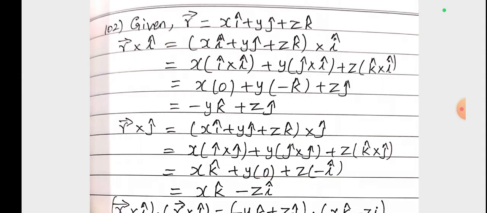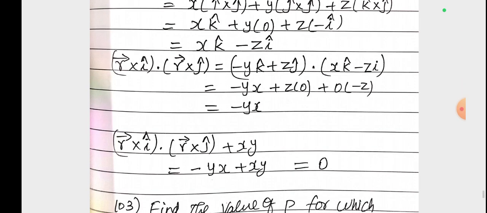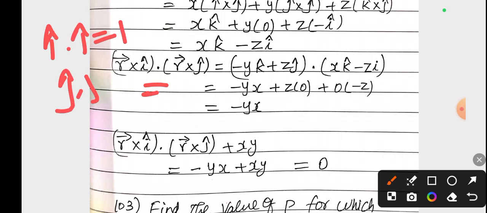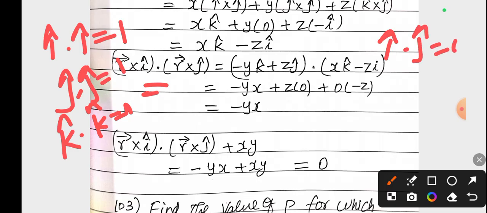So what are we going to do now? Just in between, the dot product. For the dot product, we know i dot i is 1, j dot j is 1, k cap dot k cap is 1. Everything else is 0, like i cap dot j cap is 0 and i cap dot k cap is 0. Only the same vector dotted gives 1. So here we have minus yk cap and here xk cap. With k cap common, minus yx comes.